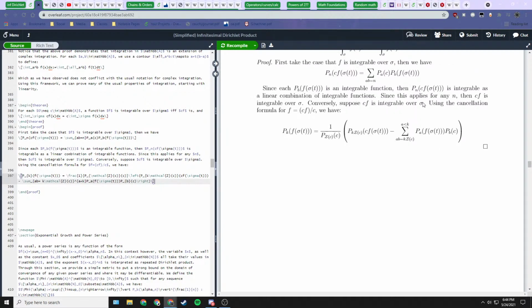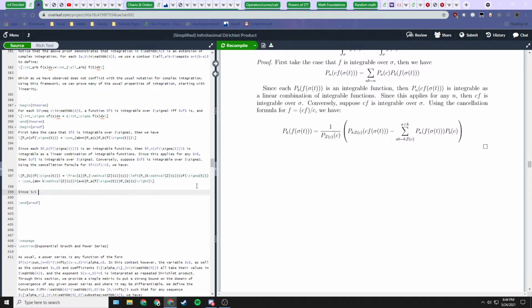Okay, yes, so since C is constant and each F will have... right, okay, yeah. Induction, I forgot, always induction. Okay, so let me do that.